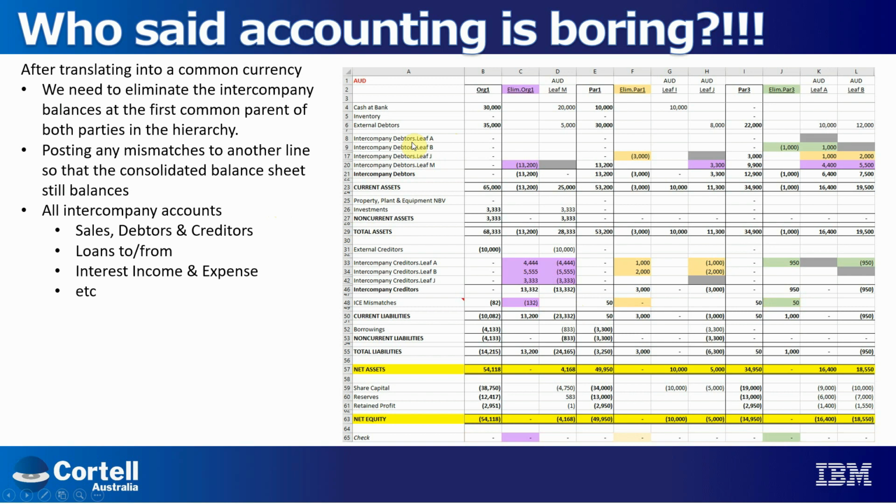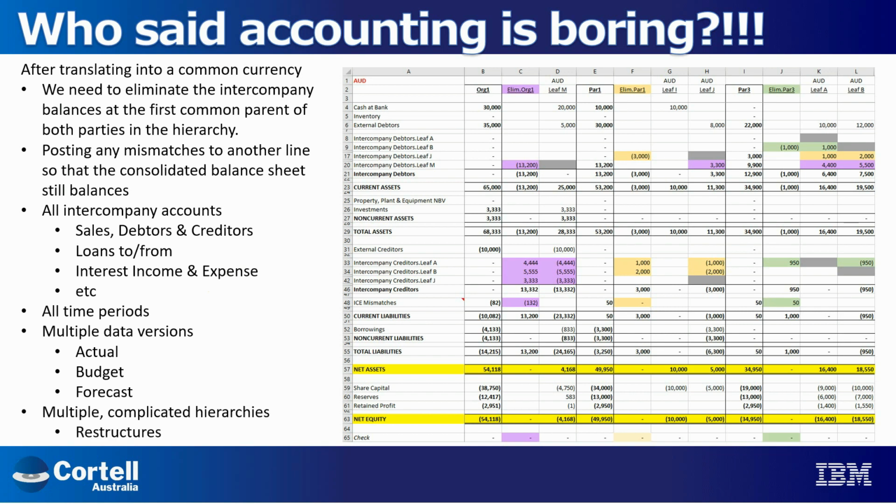And we were doing that just for intercompany debtors and creditors, just in one hierarchy, just for one time period, for a very small organisation. But when we're doing a large organisation, with multiple hierarchies and lots of different types of intercompany accounts, so yes, intercompany sales, debtors and creditors, borrowings, interest, income, expense, leases, whatever you're doing within the organisation, we need to eliminate for all time periods, all our months and years, multiple data versions, our actual accounts, next year's budget, a 3-year rolling forecast, and then these hierarchies are not stable over length of time.